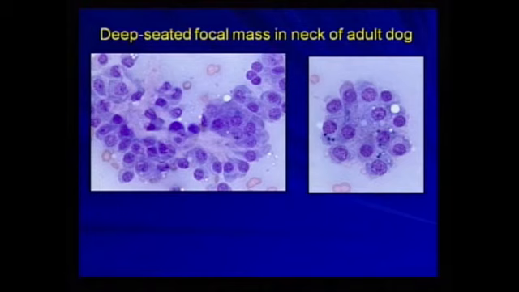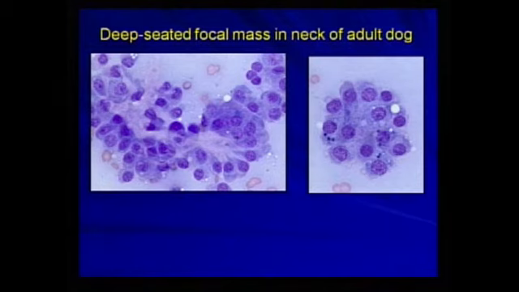Okay, we're looking at a mass in the neck of an adult dog. Is it inflammatory? Do you see neutrophils? No. What we do see are clusters of epithelial cells.